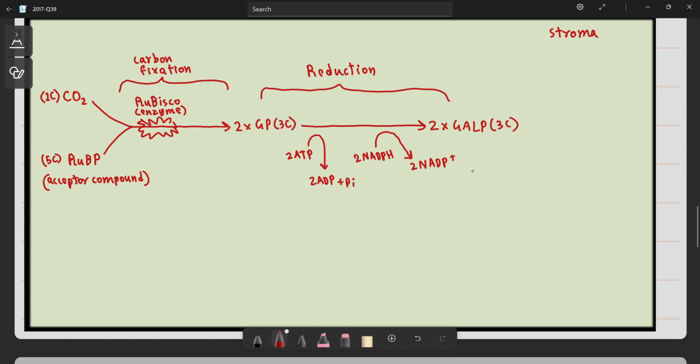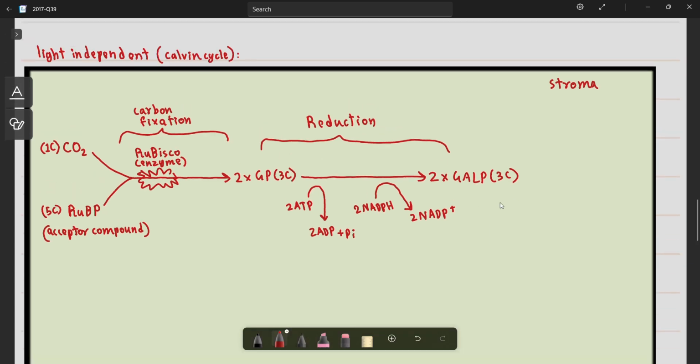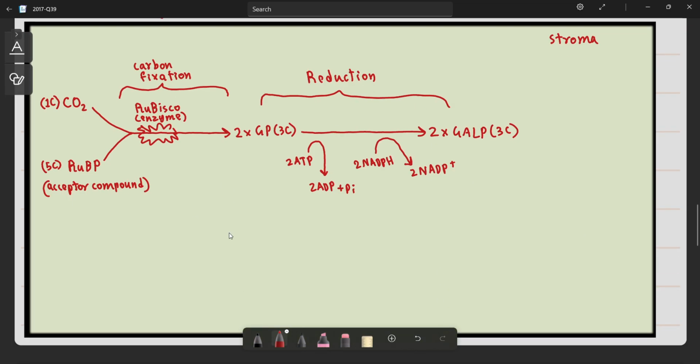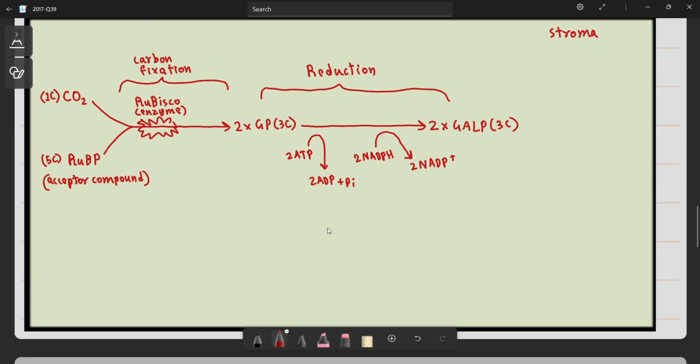Okay, so the reaction does not stop here because this reaction is a cycle. It loops back to continue this process. The GALP is going to be converted back into RuBP, but there's a catch. It's not entirely going to be converted into RuBP because it has to split into two parts.